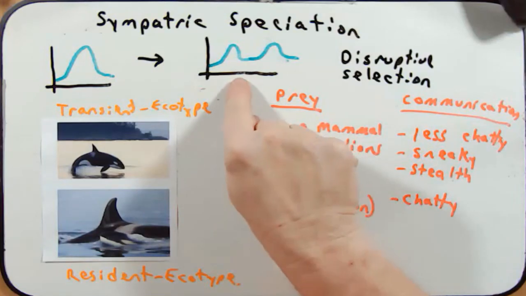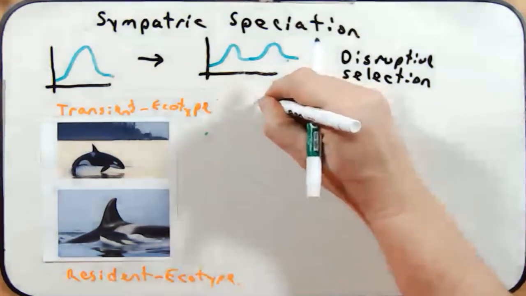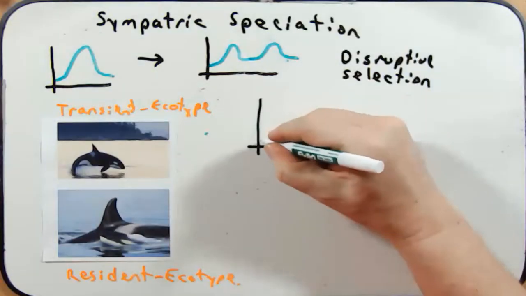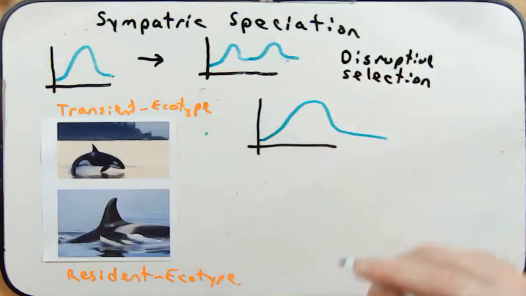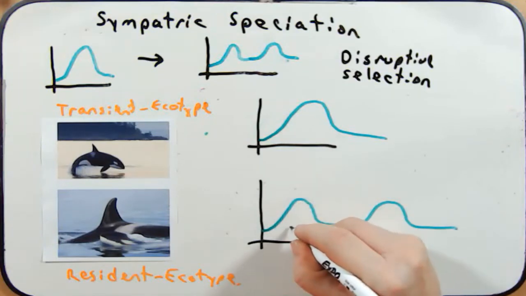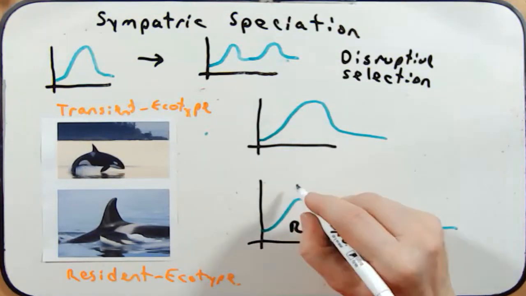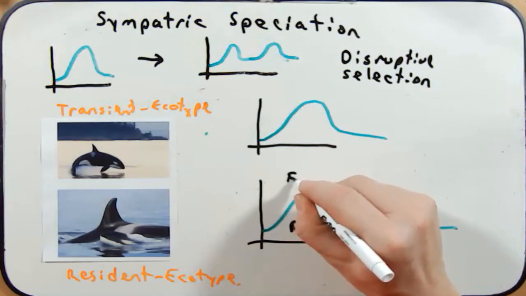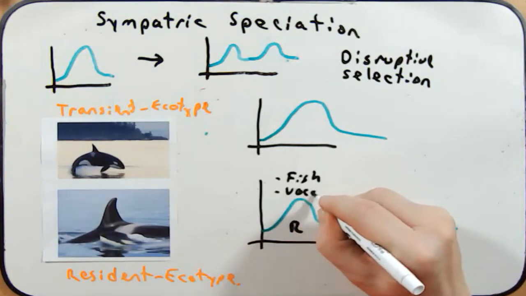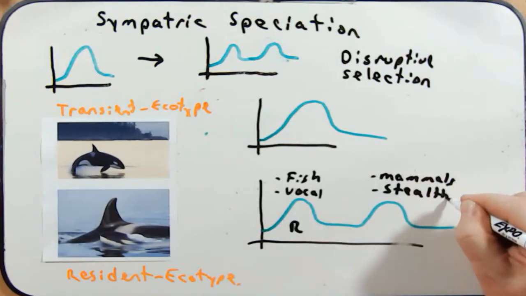So let's go back and think about our disruptive selection graph here. So remember, we went from a graph that looks something like this to a graph that looks something like this. These two extremes represent these two ecotypes. Over here, maybe it's the resident ecotype, and they have the behaviors of eating fish, more vocal, here eating mammals, and being more stealthy. Two extremes.